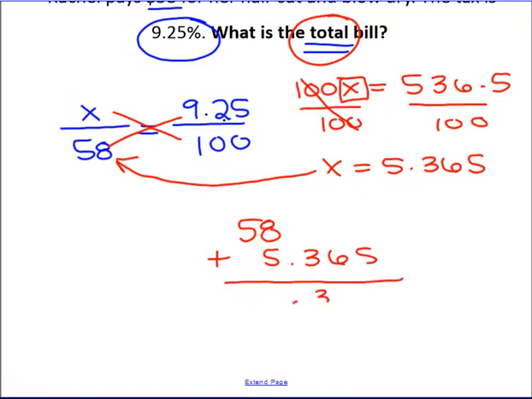That's going to give me $63.365. That's not an acceptable way to write money. So this 5 is going to tell this 6 to go up, and I get rid of the rest. The total cost for the haircut and blow dry is going to be $63.67.